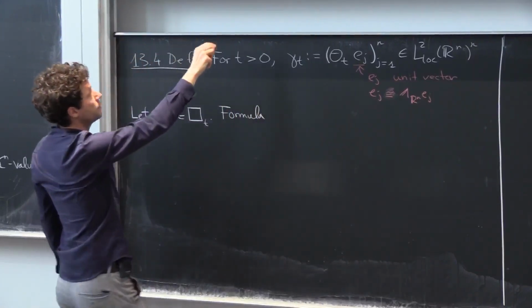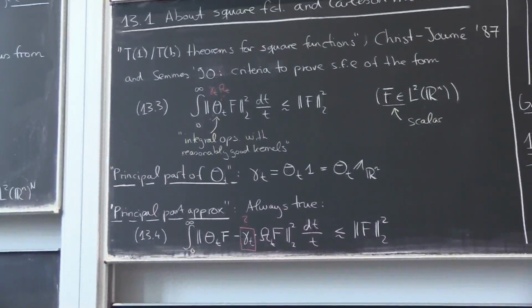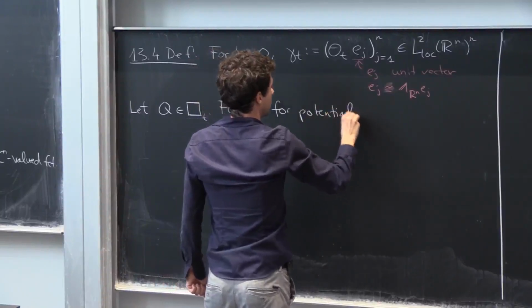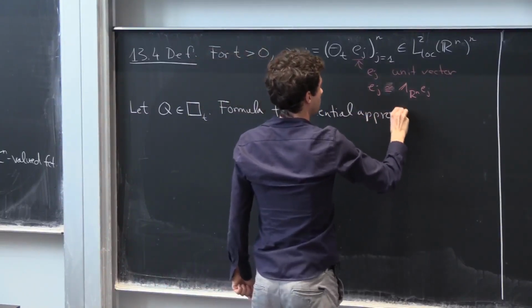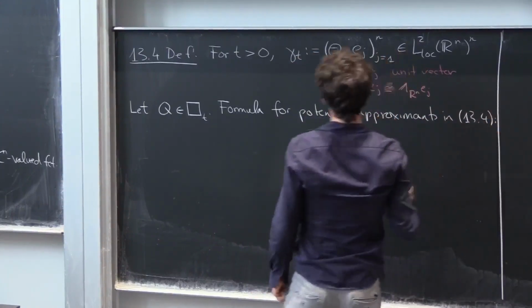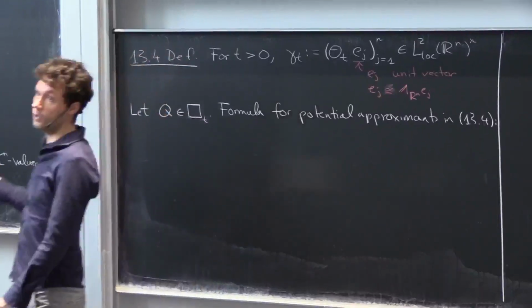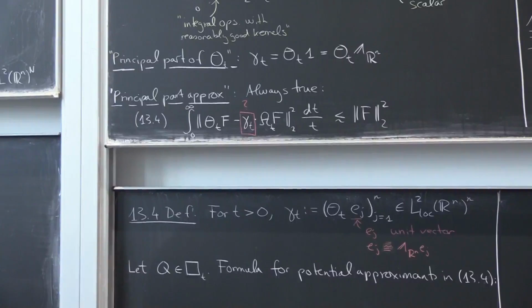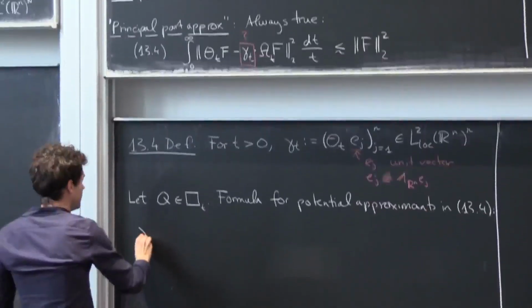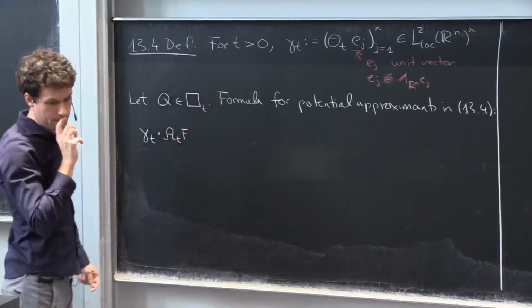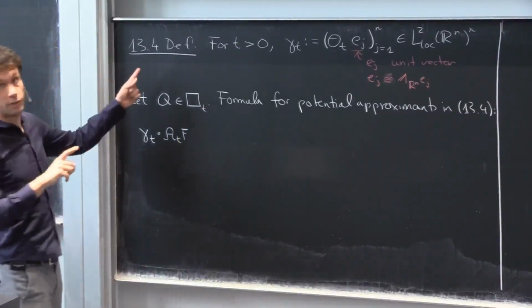What I should actually compute would be the product, gamma t times A_t f. I need a formula for potential approximants in 13.4. So in 13.4 I want to prove this. I don't have to know gamma t everywhere, I just have to know what it does on this averaged scale t version of f. So gamma t times A_t of f, I want to compute that on the cube.